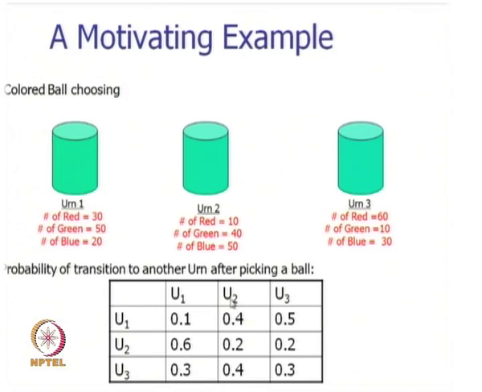Similarly, the probability of drawing from urn 2 after the ball was drawn from urn 1 is 0.4. The probability of drawing from urn 3 after having drawn the ball from urn 1 is 0.5. So, a row gives the next urn after a particular urn, and a column gives the previous urns for a given urn. Okay, so, this is the transition probability table.